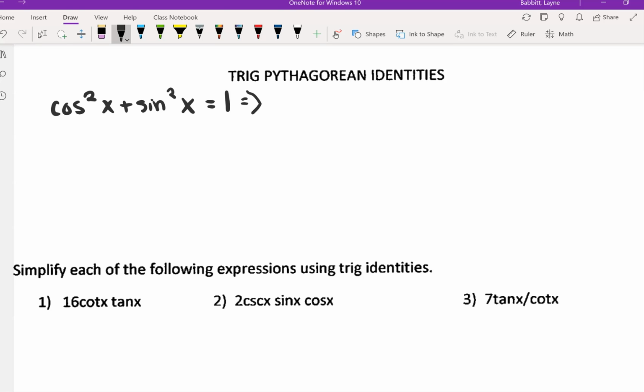So that's the same as cosine squared x equals 1 minus sine squared x. That can be found by basically just subtracting sine squared x from both sides on this first one. I'm not going to write all of that. It's going to be a lot to write down. But that's how that can be found.